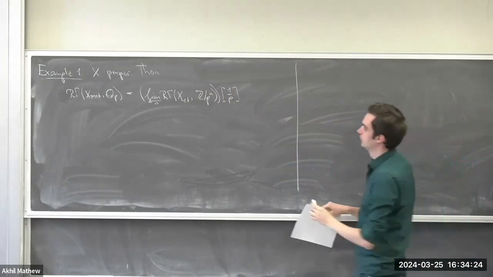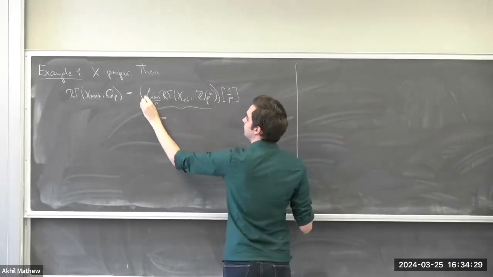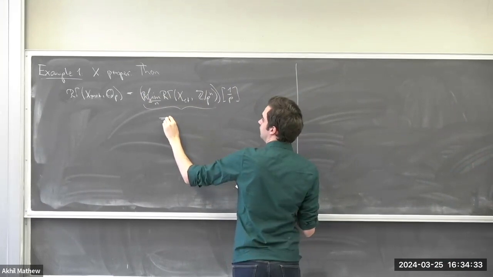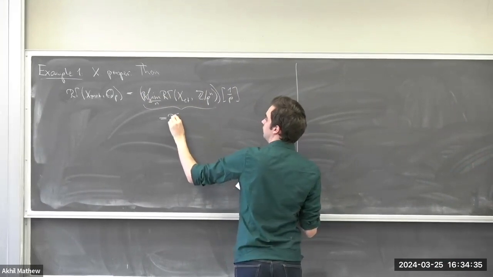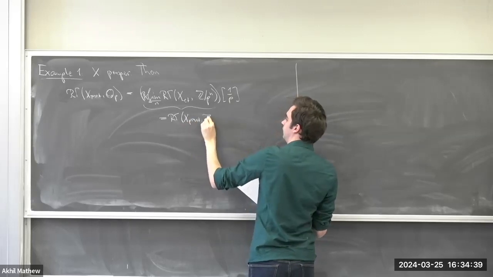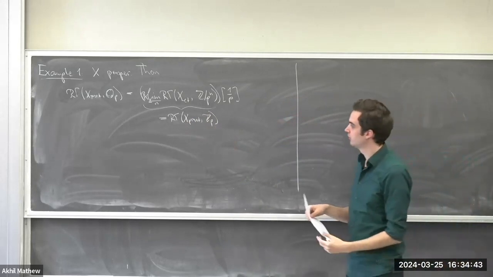So this guy here in the middle will always be equal to pro-étale cohomology of Z_p, just because cohomology commutes with limits.